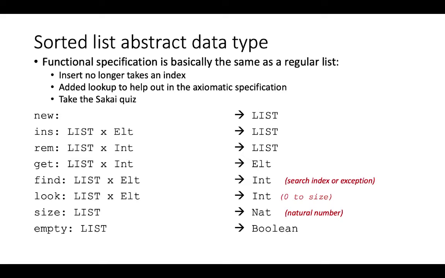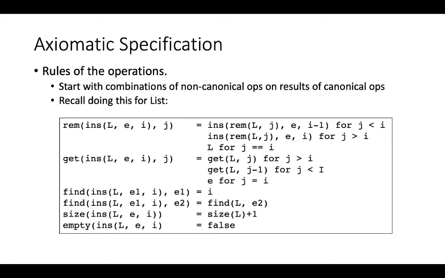All right. So once we have the two canonical operations, we do the axiomatic specification by combining symbolically every non-canonical operation with the canonical operation and trying to construct an expression which transforms that operation into something we know is true. Some of these are pretty simple; doing this with new is usually pretty trivial, so we're not going to do that again. But these were the interesting ones for lists.